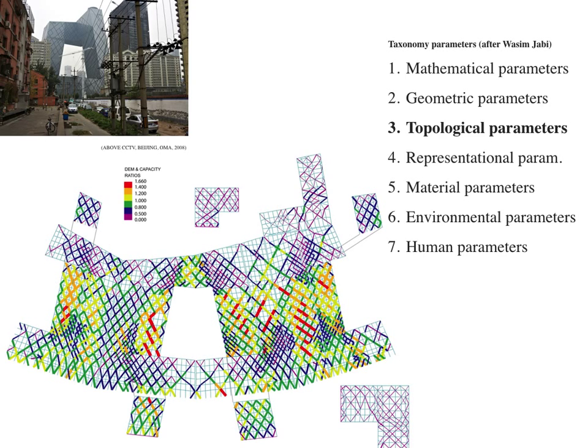Most current 3D modeling software can represent and parametrically modify geometric constructs of various types. Third is topological parameters. Those describe how two or more entities relate to each other.